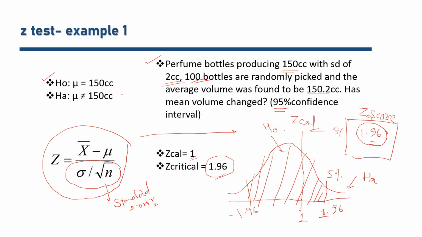You are not able to prove that the alternate hypothesis is true. So you can infer that the mean of this particular statistic is going to be 150 cc. This is how we perform a Z test.